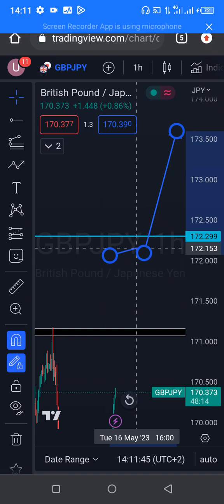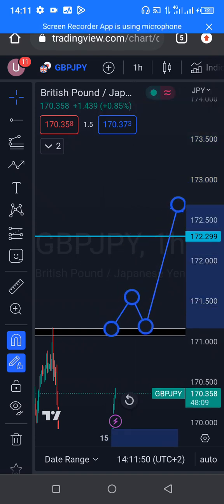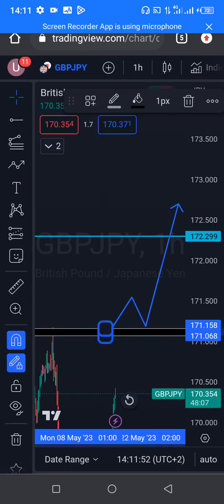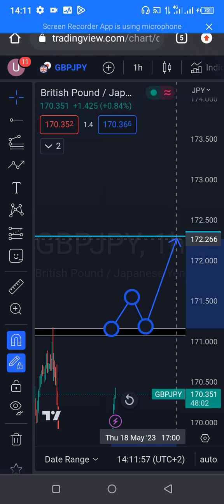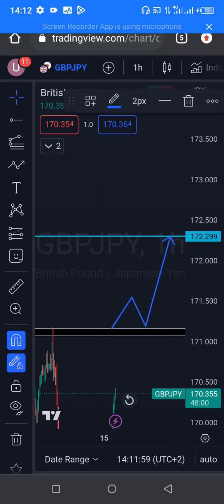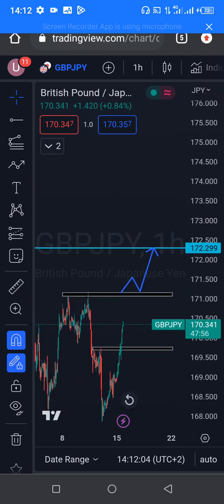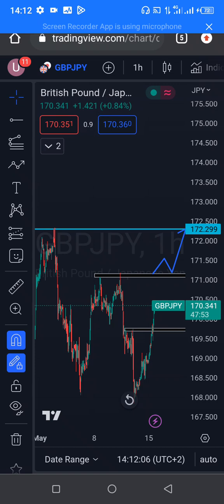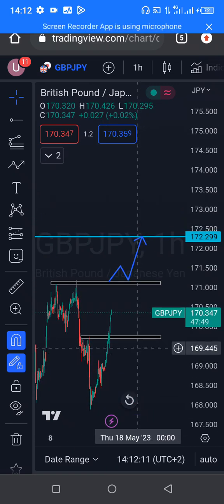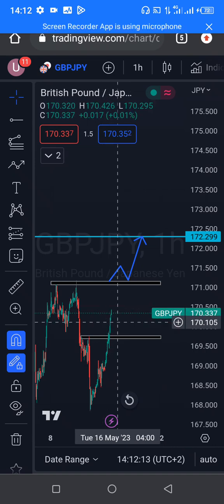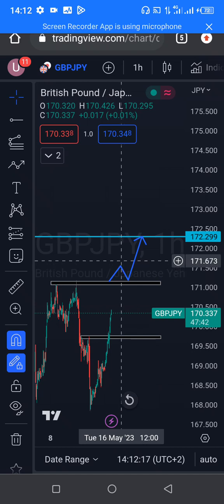Okay, so let me try it. So here's what I'm going to expect for GJ for the next coming days. If there's no pullback here, if there's no pullback around these areas, I'll expect a pullback around here.